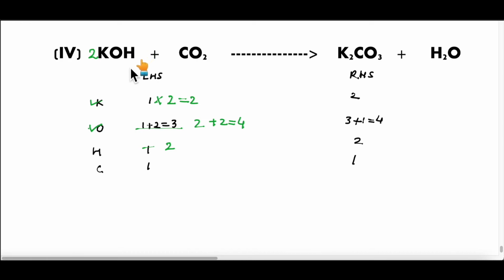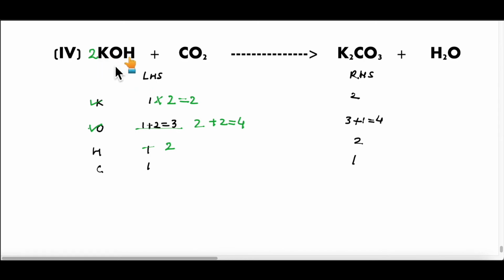So again follow the same basic step of rechecking both the sides. On rechecking, it is seen we have 2 potassium atoms on the reactant side and 2 potassium atoms on the product side. So potassium is balanced. Then for this oxygen, we have 2 oxygen atoms plus 2 oxygen atoms, that is in total 4 oxygen atoms on the reactant side and 3 oxygen atoms plus 1 oxygen atom, that is 4 oxygen atoms on the product side.